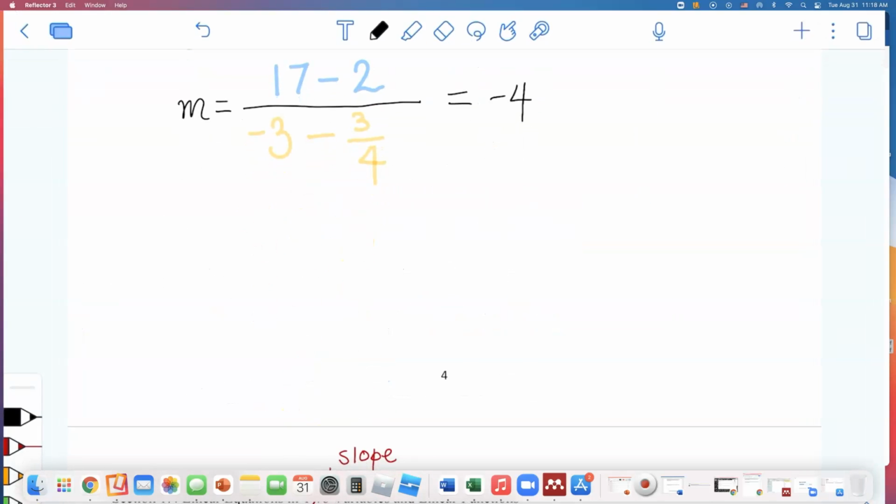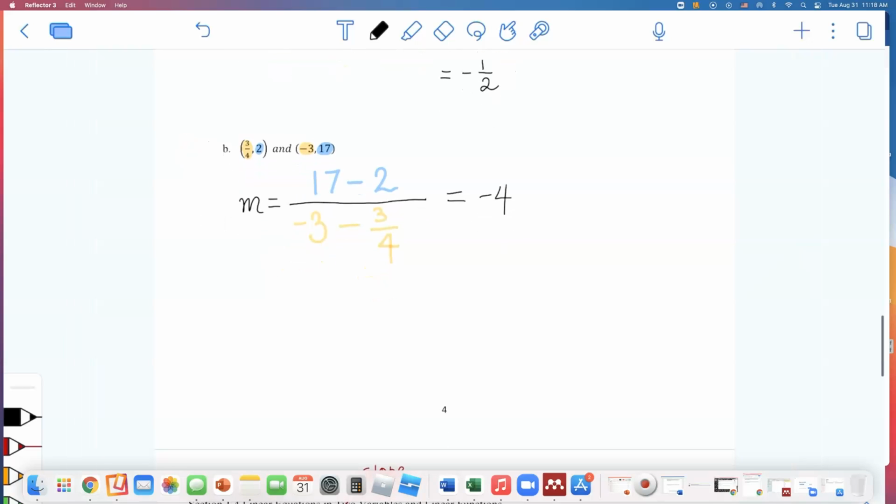And I'll make a note, because some people just look at the notes instead of watching the videos, saying I used my scientific calculator here.